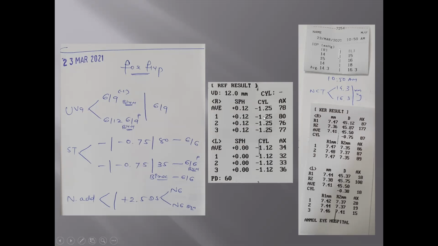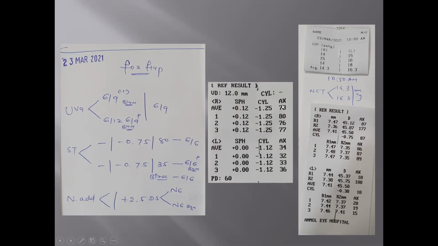These patients are very happy binocularly, because most of the time they have distant 6.9 vision and near almost N8 vision. It is not mentioned here, but this kind of patient achieves almost N8 vision without any addition of glasses. So binocularly the unaided vision of the patient is 6.9 and N8.